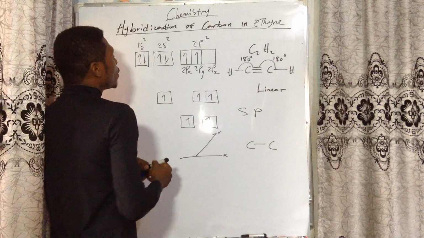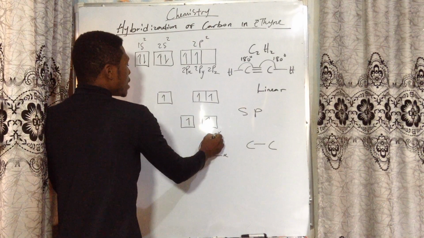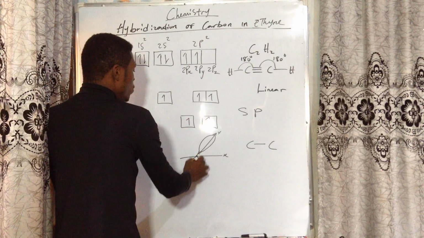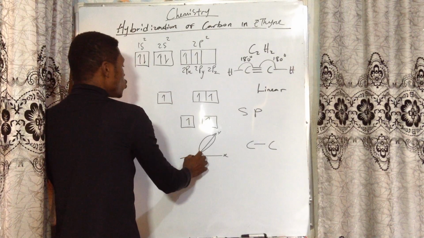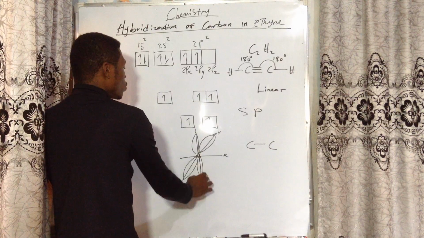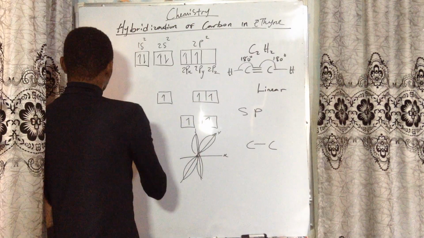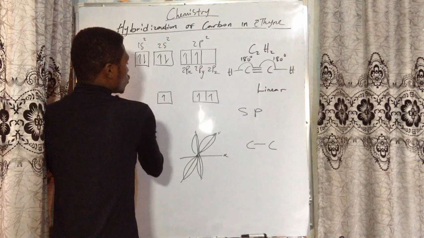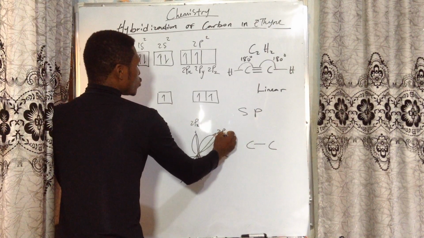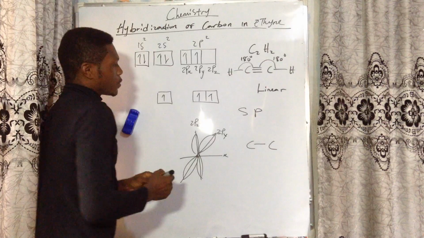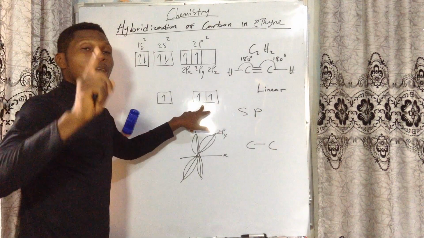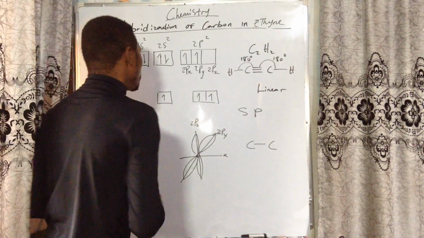It remains py, that is 2py, and 2pz. These 2py and 2pz orbitals are the unhybridized orbitals.